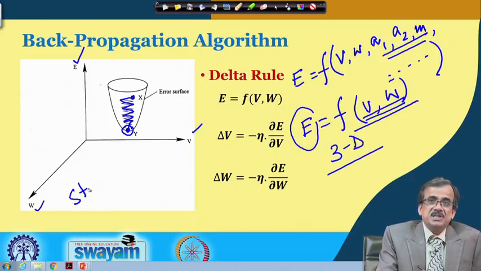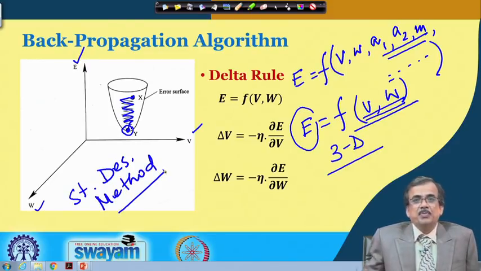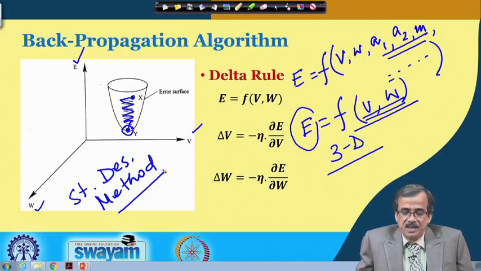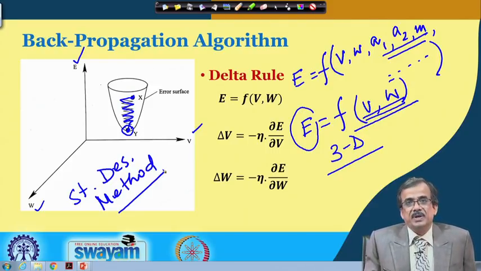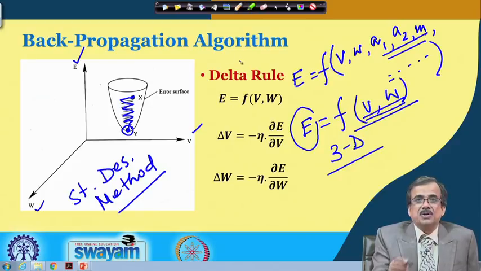This steepest descent method is one of the most popular traditional tools for optimization, and here the search direction is opposite to the gradient. So, we try to find the gradient direction of the objective function and try to move in a direction opposite to the gradient. The same principle has been copied here in the back-propagation algorithm.